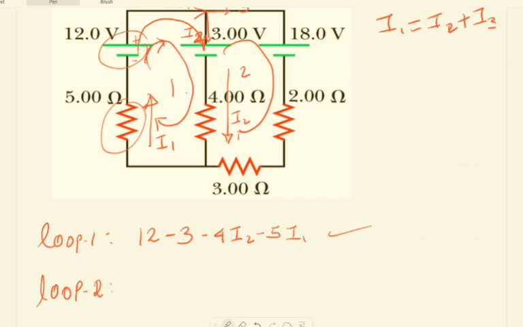So according to loop 2 here ያሉንም ኤሌመንቶች ምንድን ናቸው? 3 ቮልት አለን፣ ሌላ 18 ቮልት ሶርስ አለን፣ ሌላ 2 ohm ሬዚስተር አለን፣ ሌላ 3 ohm ሬዚስተር አለን፣ 4 ohm ሬዚስተር አለን። Of course the direction of the current also should be specified first. So the current flowing in the 2 ohm resistor is downward, it is called I3 current. Here of course I3 also flows in the same direction.